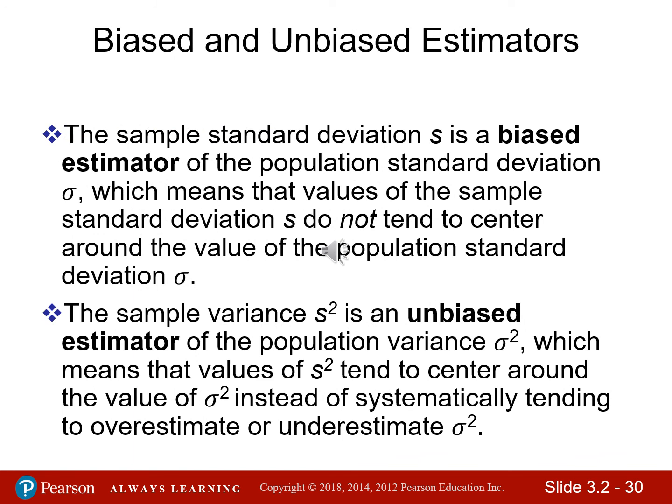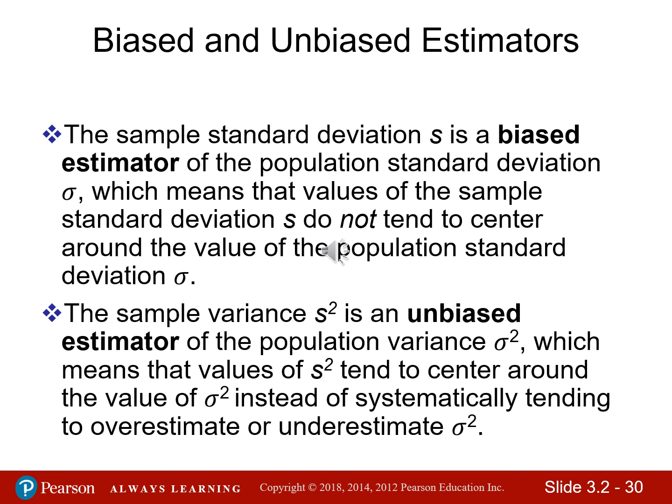Recall in a previous slide we learned that a statistic is unbiased if that statistic is neither an underestimate nor overestimate of the population parameter. The sample standard deviation is a biased estimator of the population standard deviation, which means that the values of the sample standard deviation do not tend to center around the value of the population standard deviation.